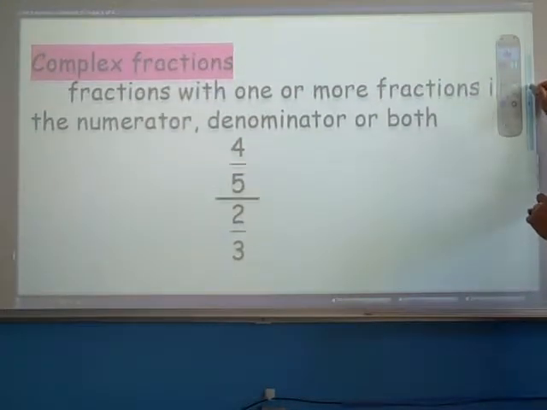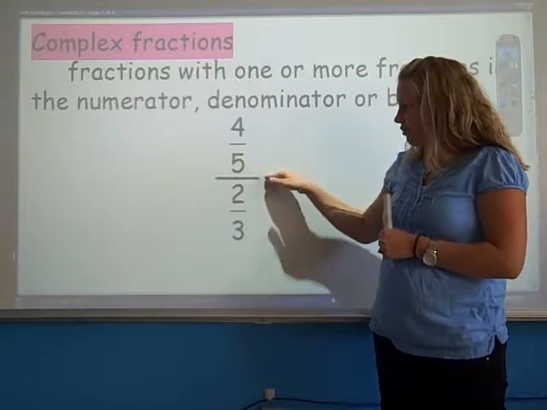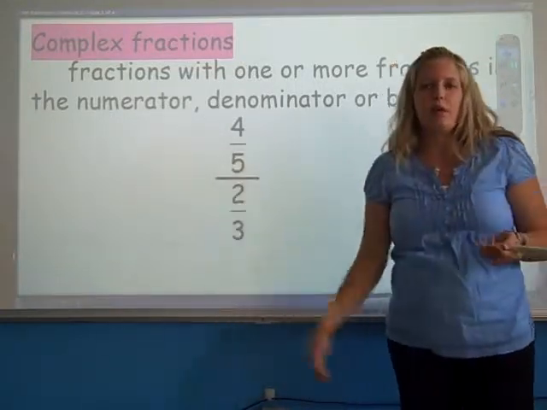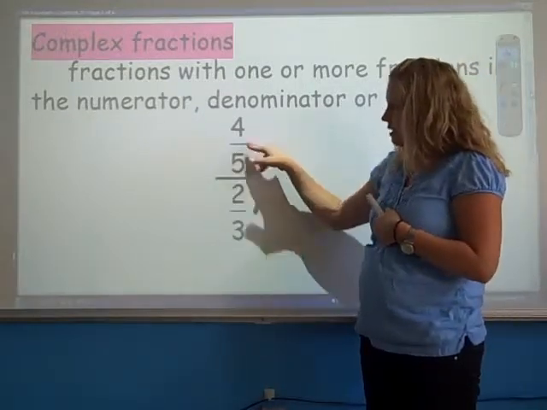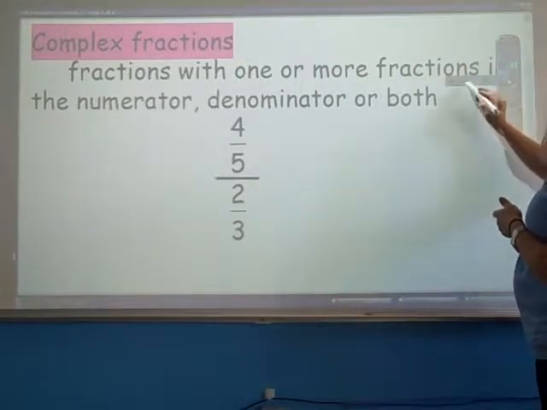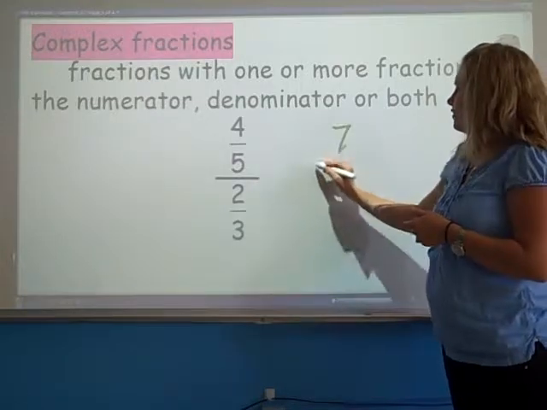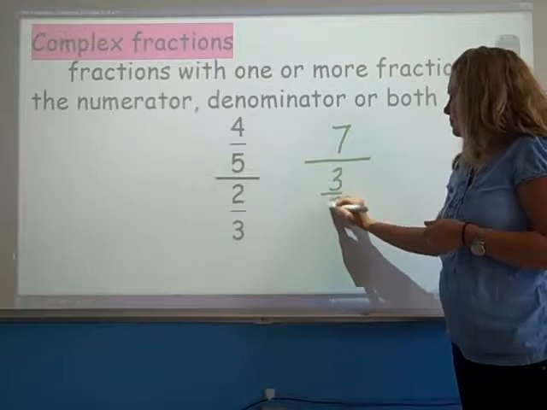So this is an example of what one looks like. We have 4/5 over 2/3. You want to look for a bolded line so you can tell where the fraction line is between the other fractions. Another example could be 7 over 3/5.